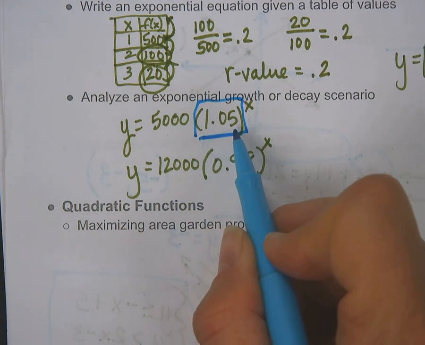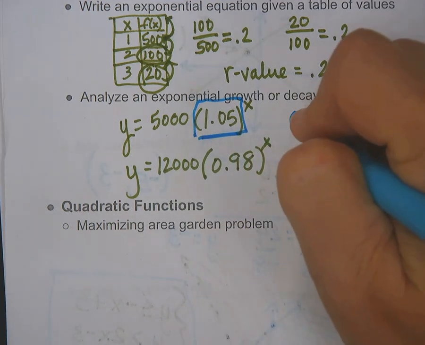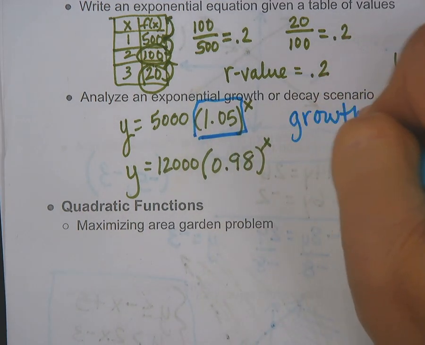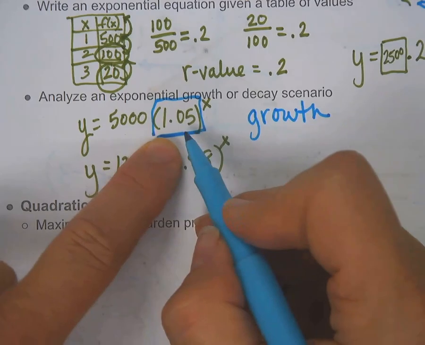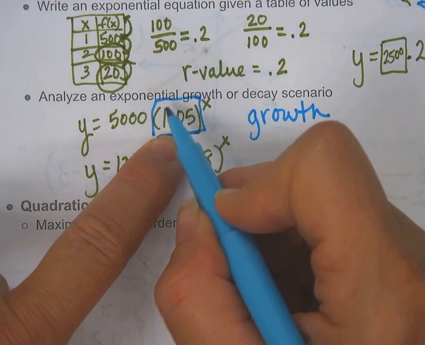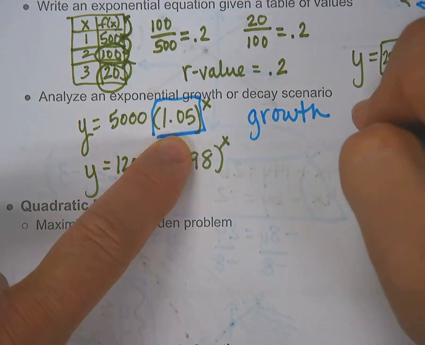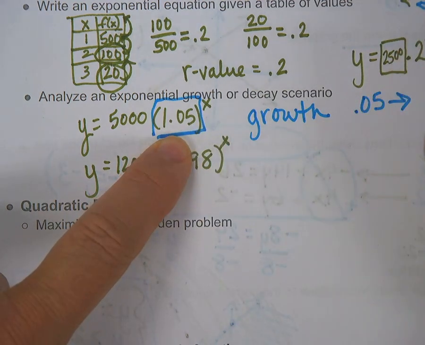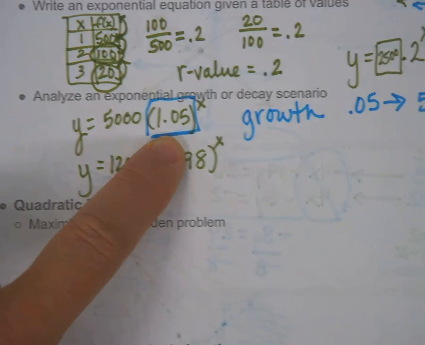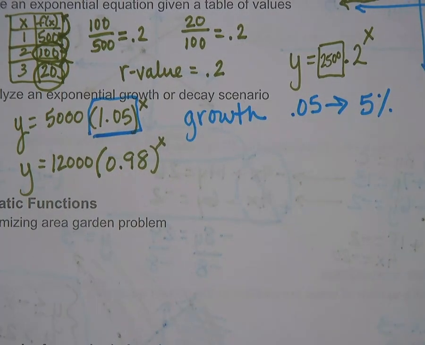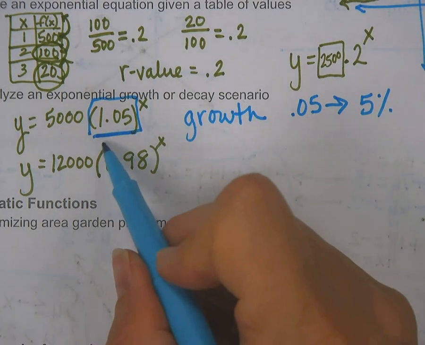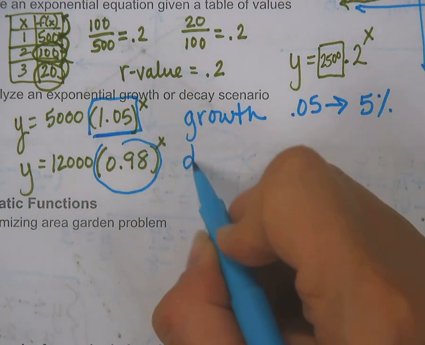If this number is greater than 1, it's growth. And the growth factor is, the 1 means it's staying the same. The growth factor is whatever 0.05 is as a percent. So this is representing 5% growth every year. If this number is less than 1, it's a decay scenario.